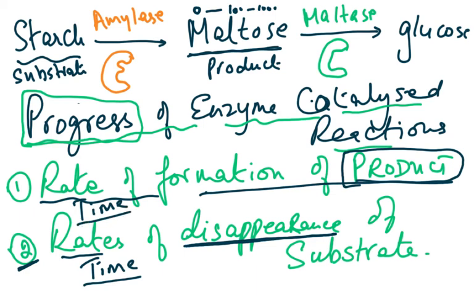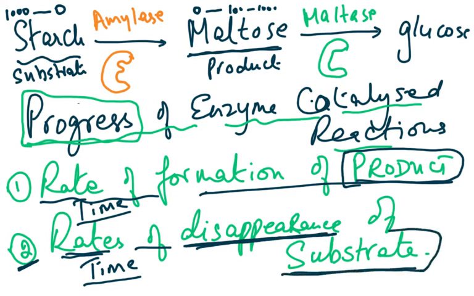So if we can study, okay, the starch was 1000, how much time does it take to become 0? So it takes 5 minutes. That means the rate of disappearance of the substrate. How much time did it take for all the substrate to be converted to 0? Like for instance, we knew the starch was 1000, and then it took say 3 minutes and then it was 0.